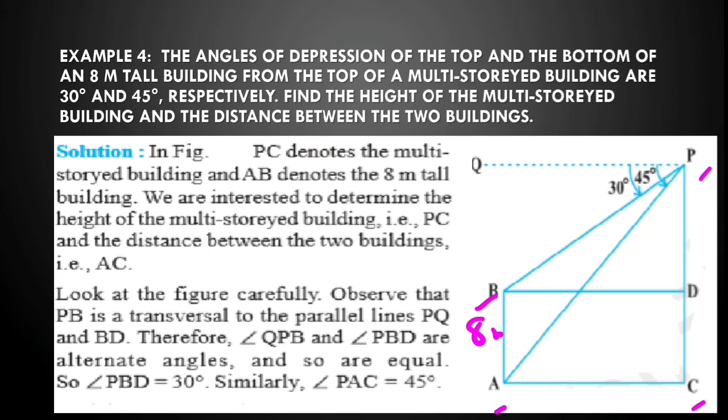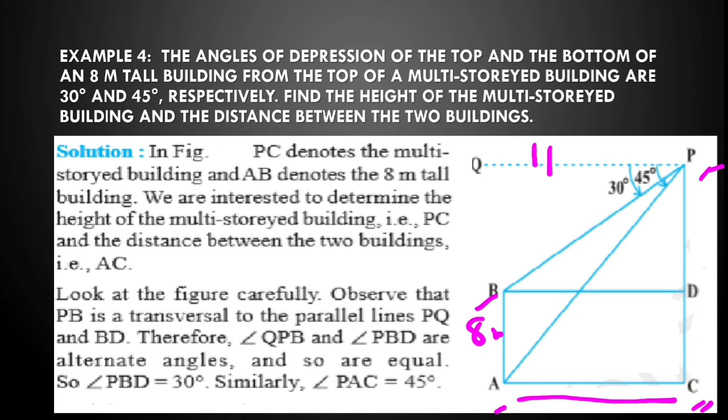We are interested to determine the height of the multi-storied building, that is PC. You have to find the length of this PC, and the distance between two buildings, that means you have to find the length of AC. Now if you observe the figure, PB is the transversal to the parallel lines PQ and BD.